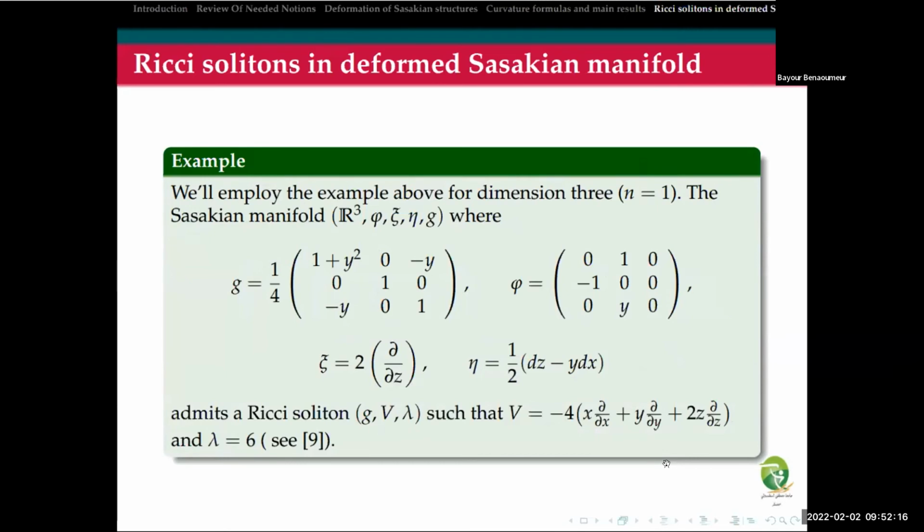The Sasakian manifold R3 with phi bar, xi, eta, g, presented with the following equations, admits a Ricci soliton (g, V, lambda) such that V equals minus 4 times (x d/dx plus y d/dy plus 2z d/dz), and lambda equals 6.